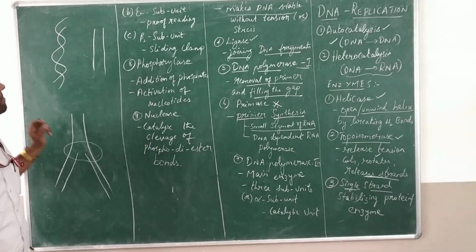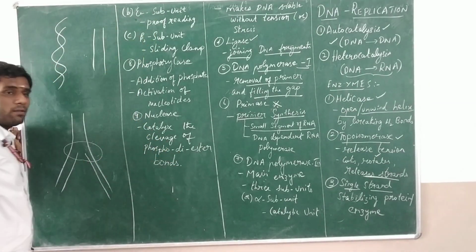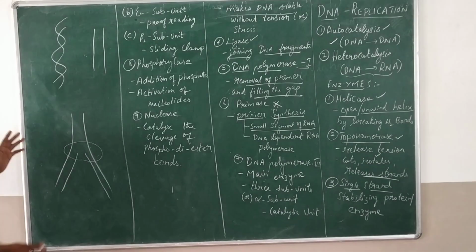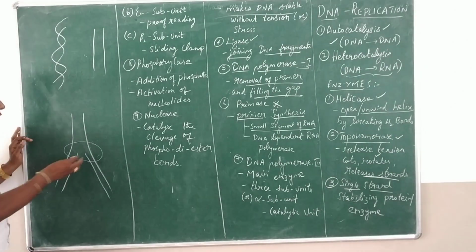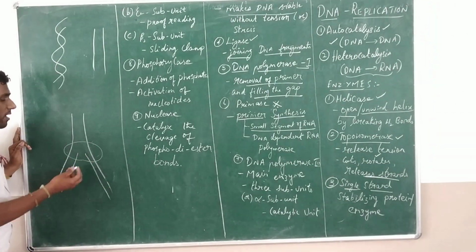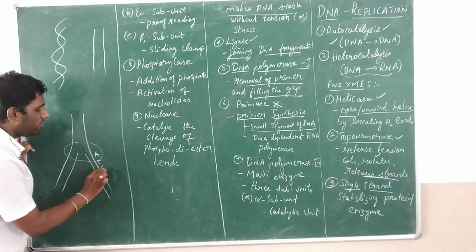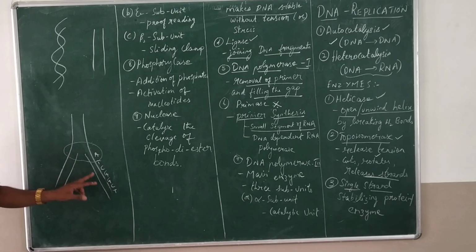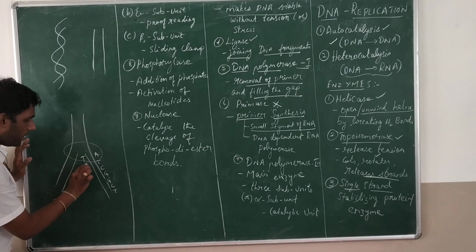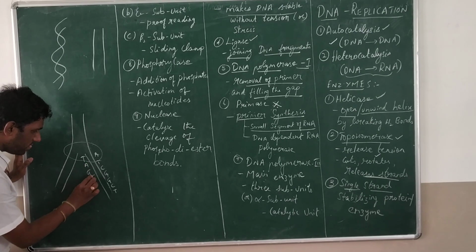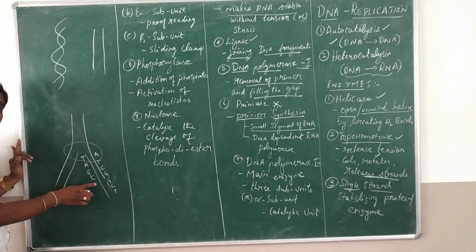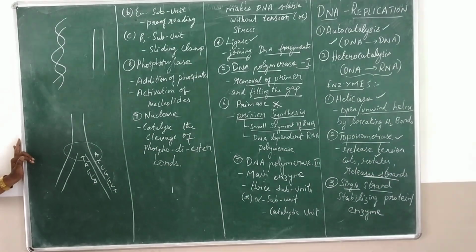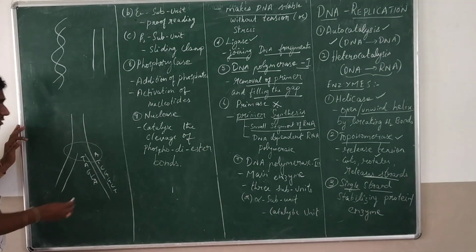The second is the epsilon subunit. See, if I have a code on the strand that is replicated, like A, T, C, G, G, C, T, and my replicated strand has T, A, G, C, and instead of C, say for example, A has come here, it should not come that way. Just to give you an example.